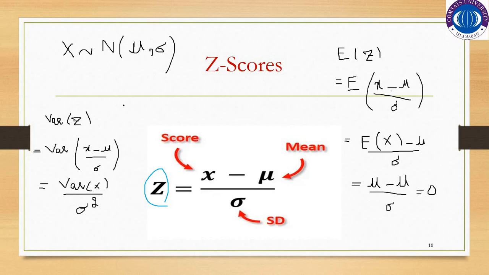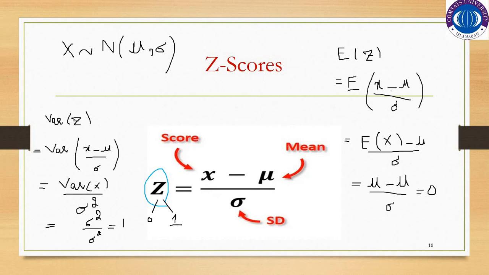Now, variance of x, as you know, this x is following the normal distribution with mean mu and standard deviation sigma or variance sigma square. So variance of x would be equal to sigma square over sigma square, which will equal 1. So now this random variable has mean 0 and variance or standard deviation 1.